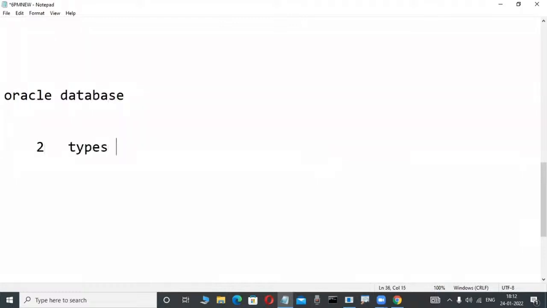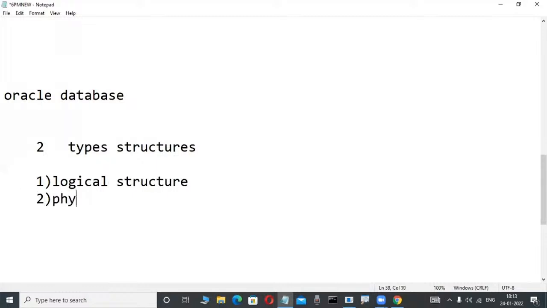One is the logical structure, and another one is the physical structure. What does a logical structure mean?